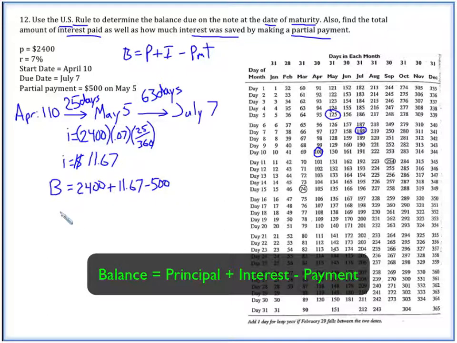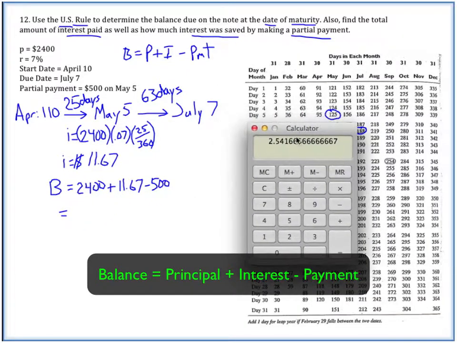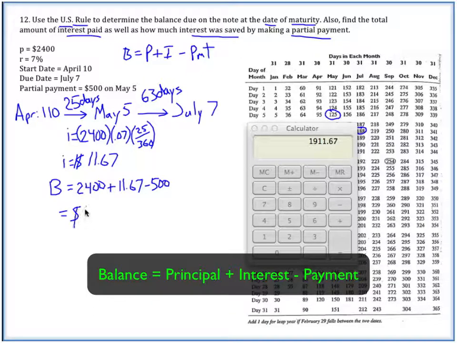And that's going to give us a new balance of, let's use a calculator, so 2,400 plus 11.67 minus 500, and so we have a new balance of $1,911.67. Okay, so that's our new balance as of May 5th.